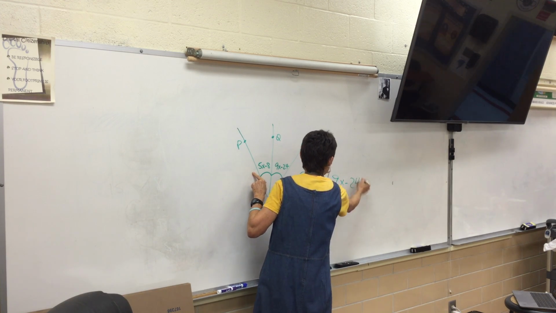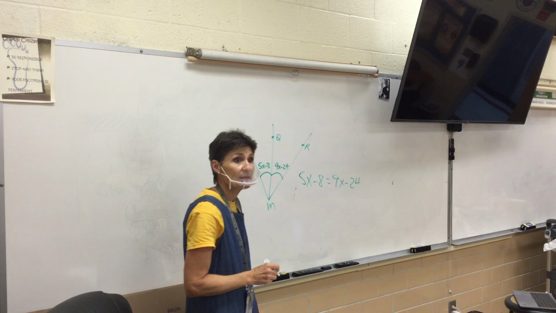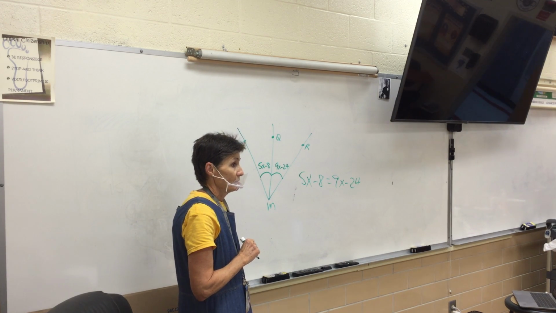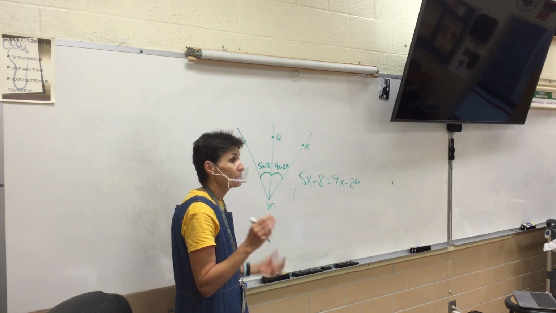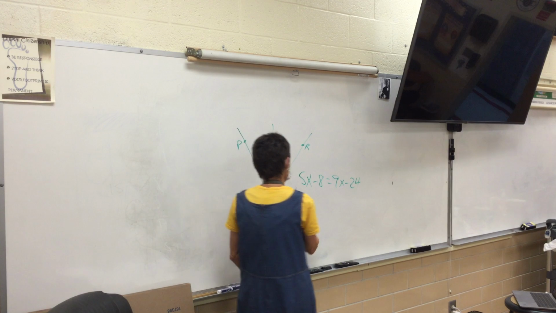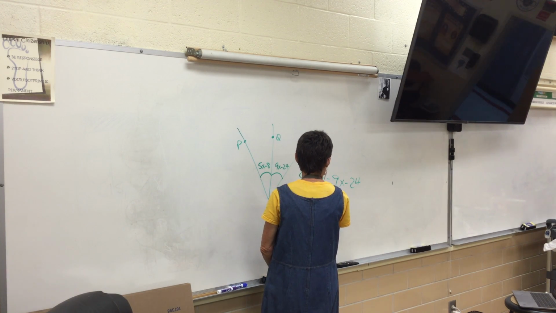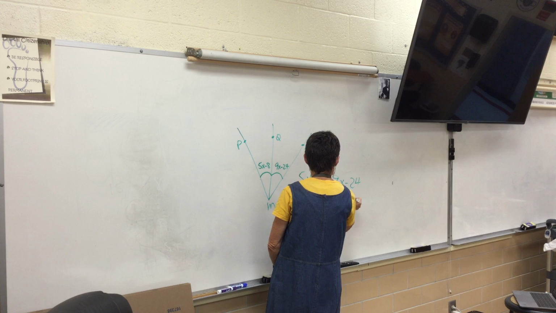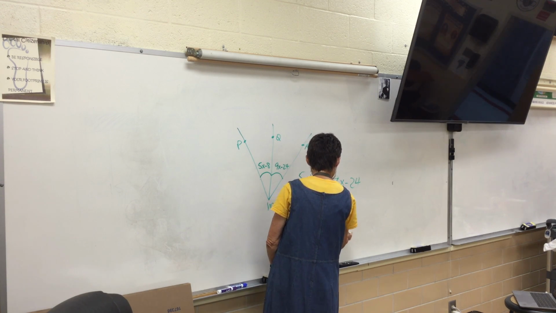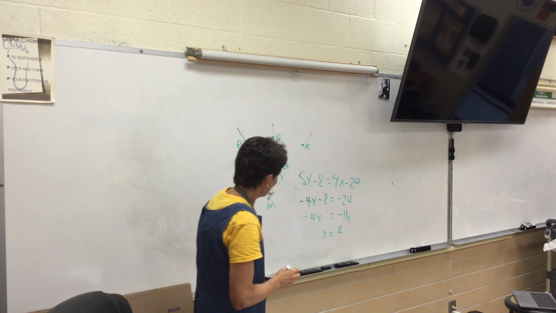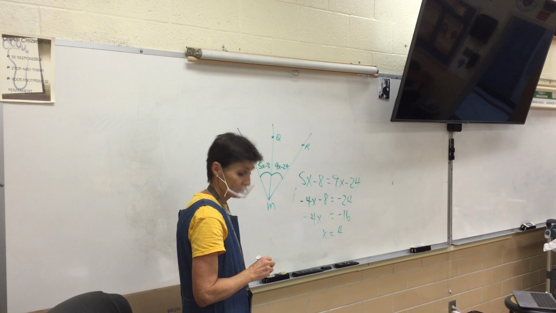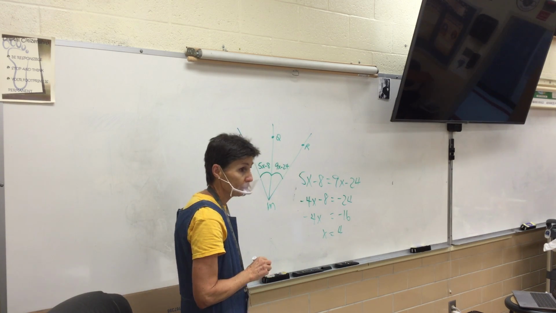Does that make sense to everybody? They are equal because of the word bisect. Bisect is like midpoint, right in the middle. The pieces are equal. All right, so negative 4x. I got x equals 4, but I made too many mistakes today. So someone verify that? 4. So that's the x value.